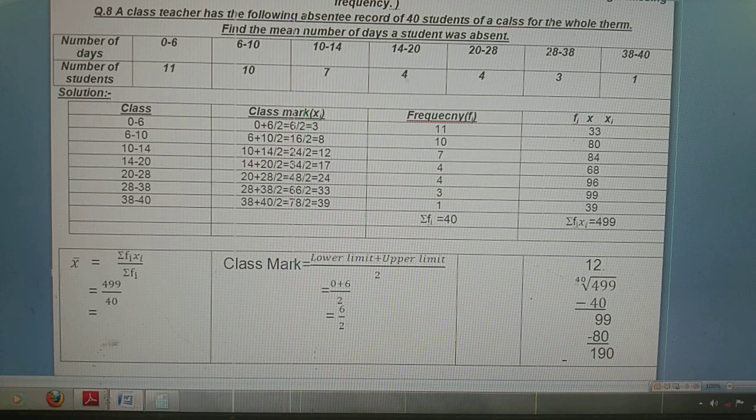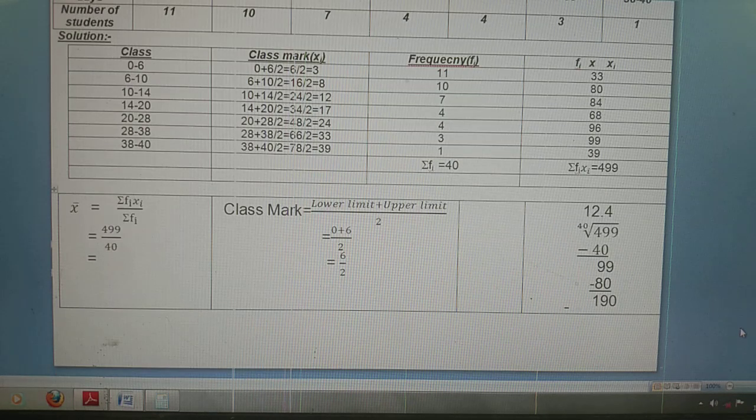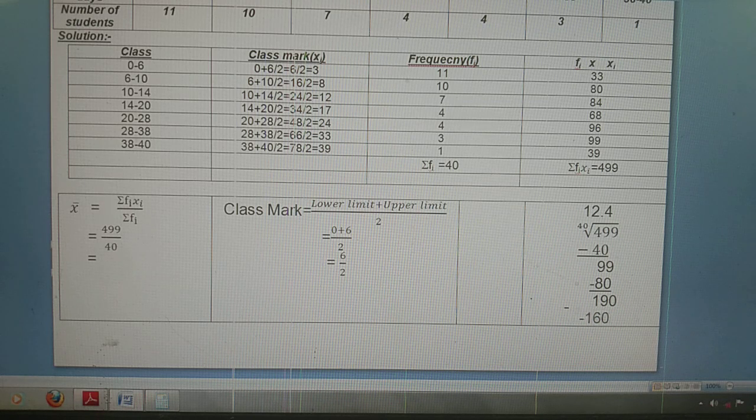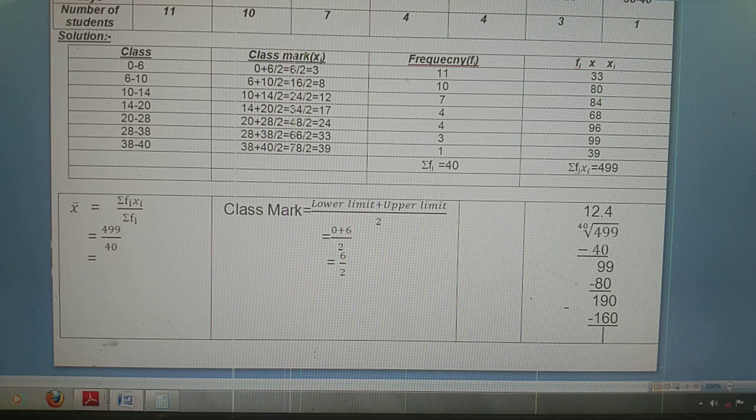Now 40 times 4 is 160. 190 minus 160, it will be 30.